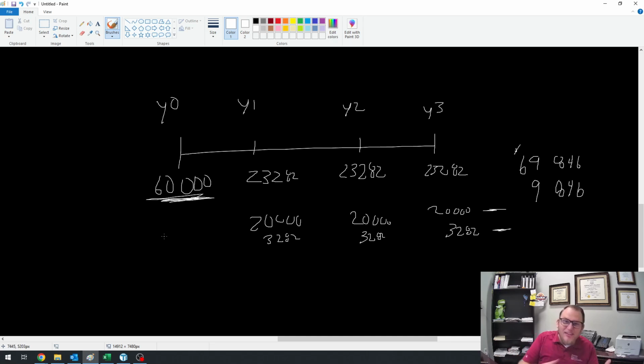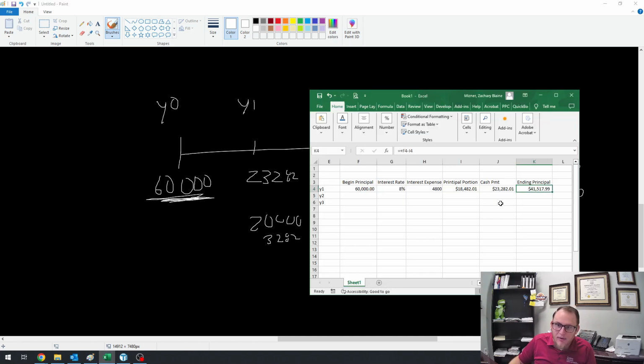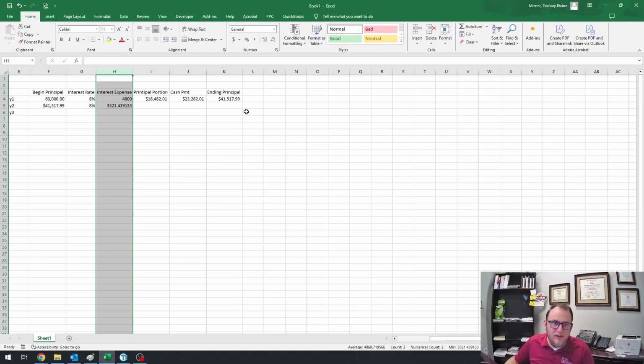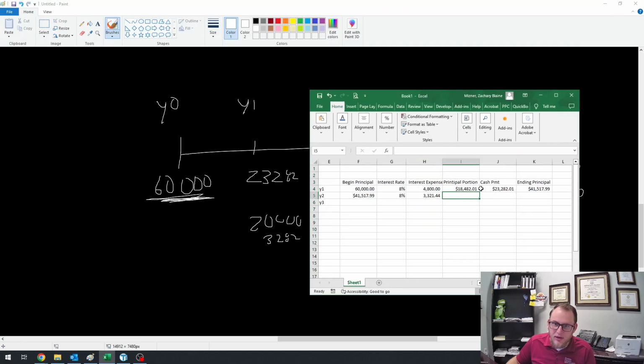But this is not how it works. We want to calculate how much of the payment is going to be interest with each payment. So then our beginning principal this year is going to be our ending last year. So if we take that, we're going to say this again is 8%. So our principal times our interest. Let's make that a comma, so that way it's nice and pretty.